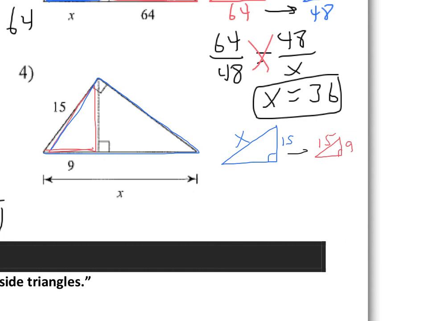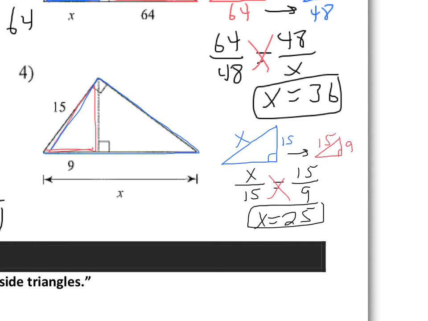So if I go left to right, X over 15 equals 15 over 9. Cross multiply that, and we will get X equal to, I believe, 25. And this ends the section on altitudes.